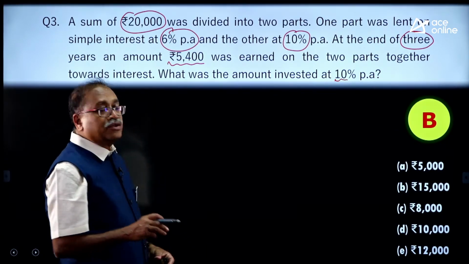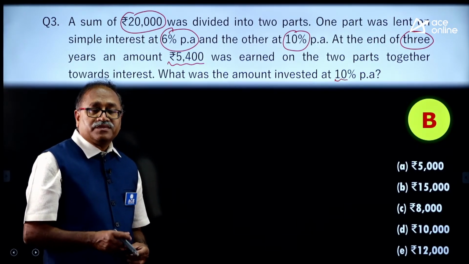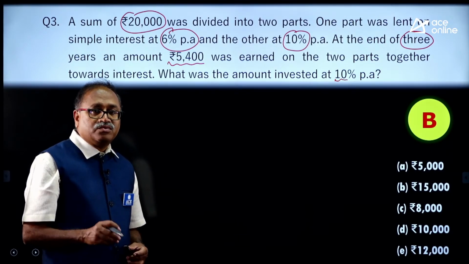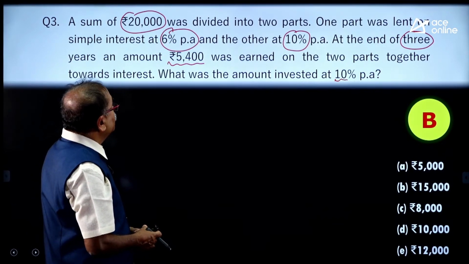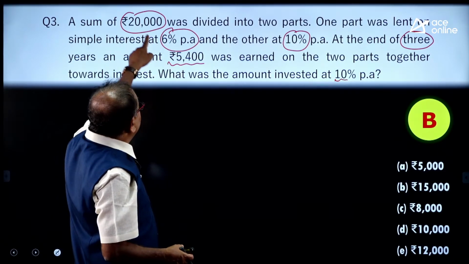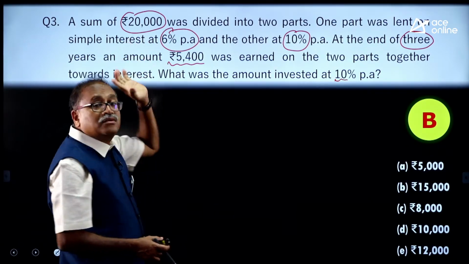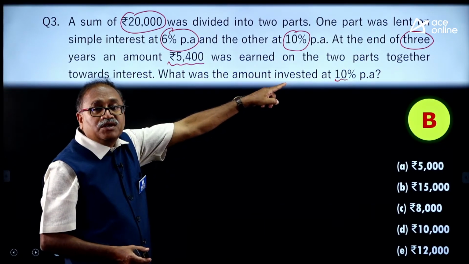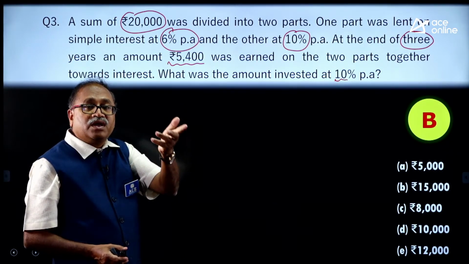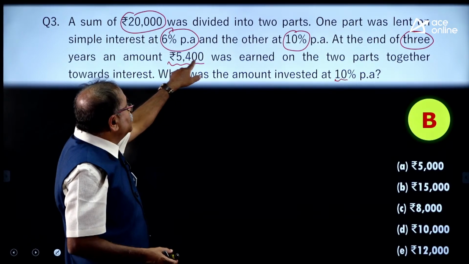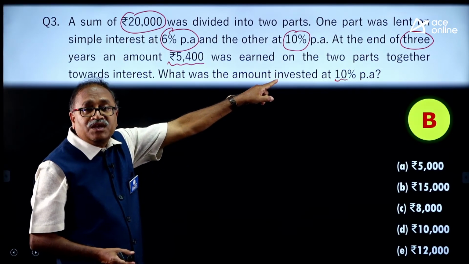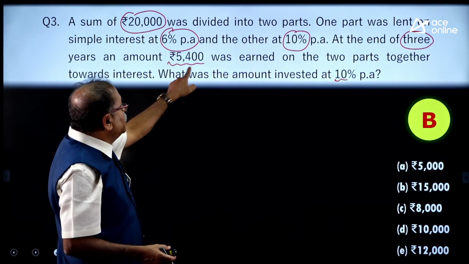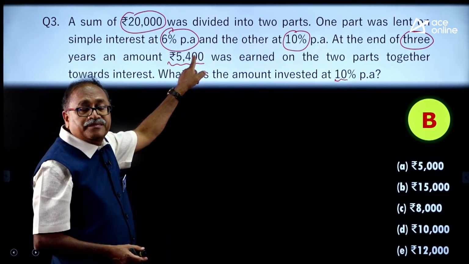First, I need to find out the mean rate of interest. That is one of the two best ways to answer the question. I know the total interest. I know the principal. I know this total interest is for 3 years. Then for 1 year, how much interest? That is 54 divided by 3 is 18. 1800 is the interest for 1 year.